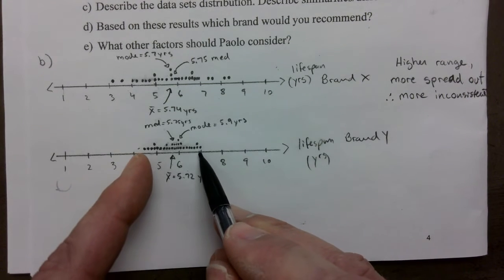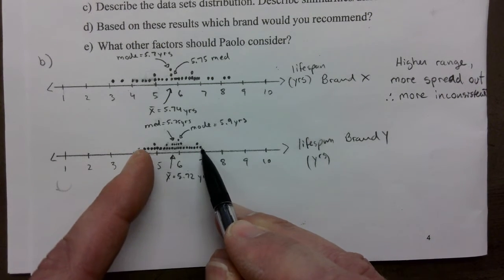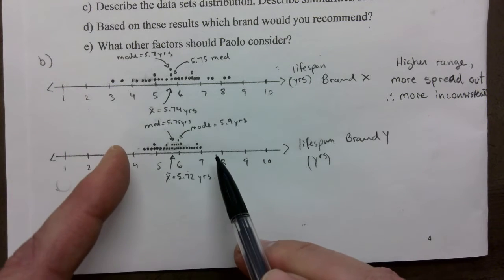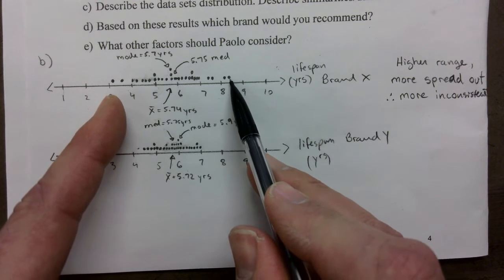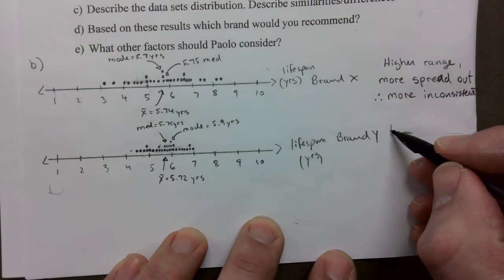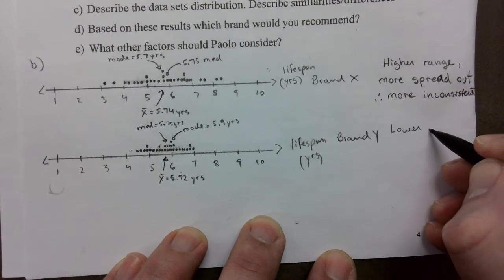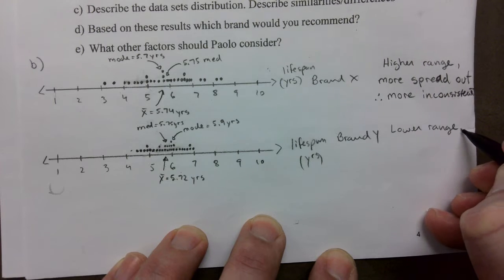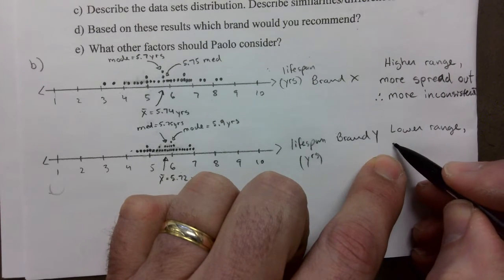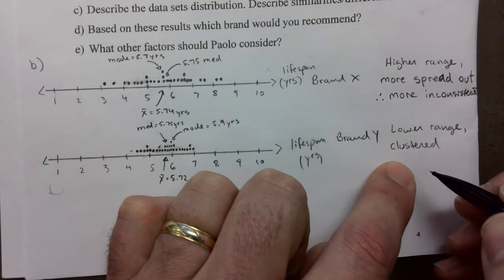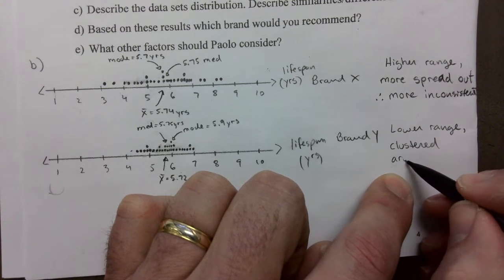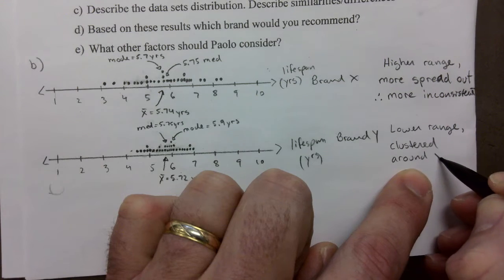This one has a lower range. Think like these are the same scales, right? You can tell that the range is smaller on brand Y compared to brand X, right? Lower range, clustered around the mean.